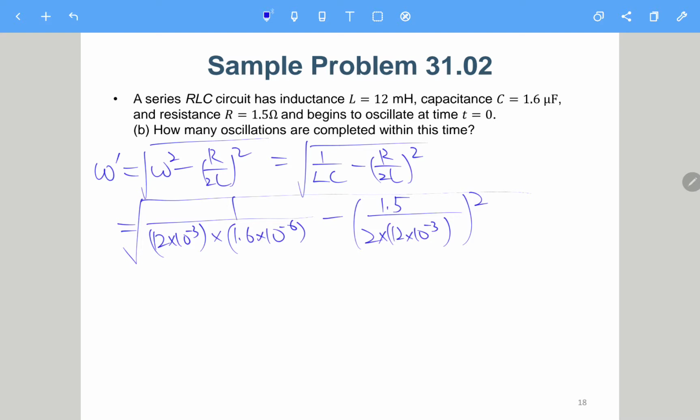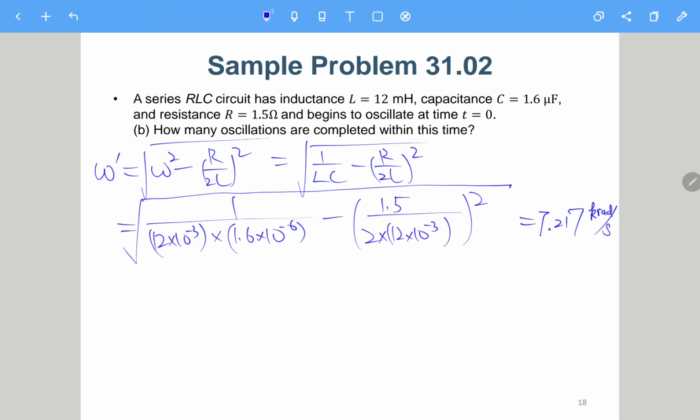So this one is nothing but 7.217 kiloradian per second.